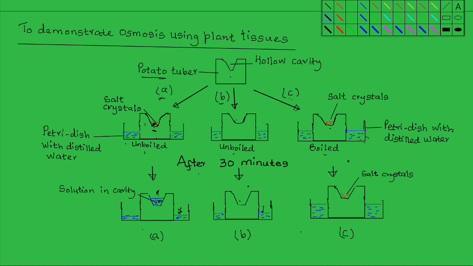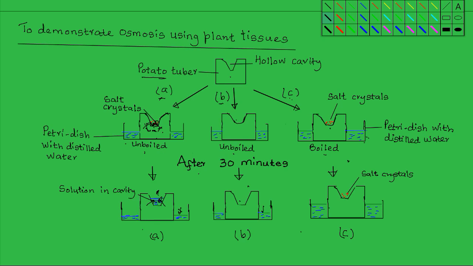So that's why you see after 30 minutes, the solution level in the cavity increases because water is drawn from the cells in the potato tuber by osmosis, and in turn they draw water from the petri dish by osmosis to replace the amount that is lost to the cavity, leading to a drop in the level of water in the petri dish.